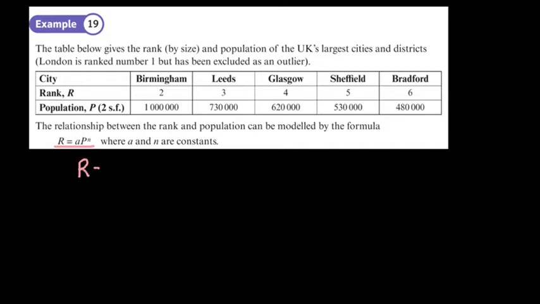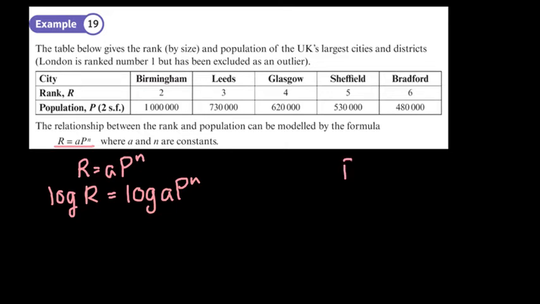So let's do that. What I'm going to do is take a log base 10, so I'm just going to write it as log of either side of the equation. So we get log R equals log A P to the n. Don't forget, you can only apply logs to the whole of both sides of equations. You can't apply logs to multiple terms.